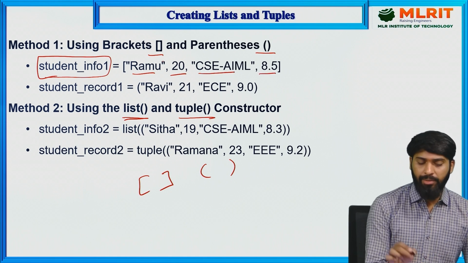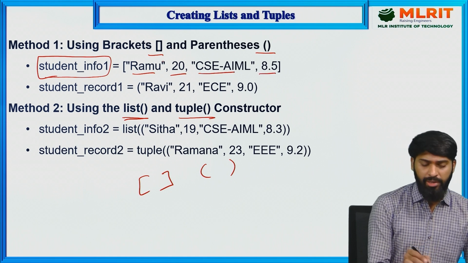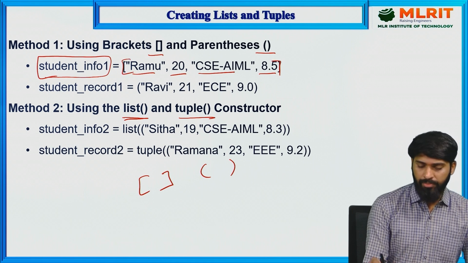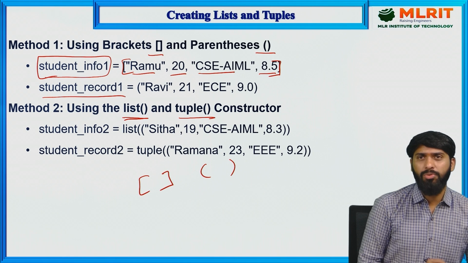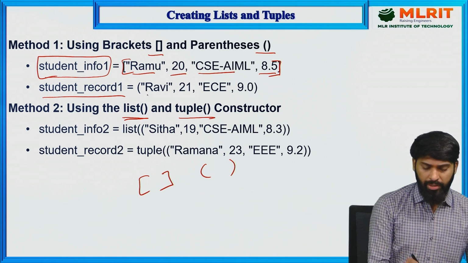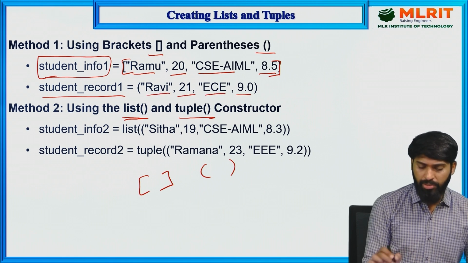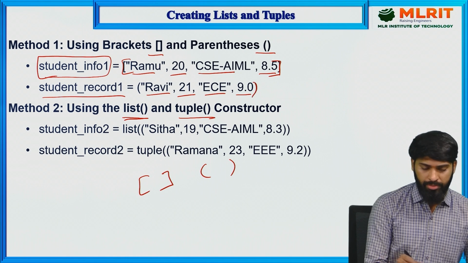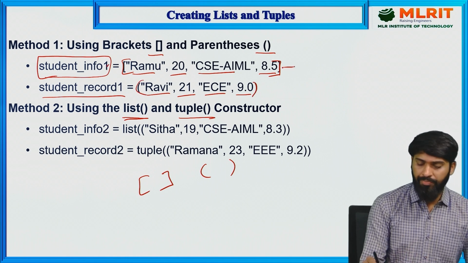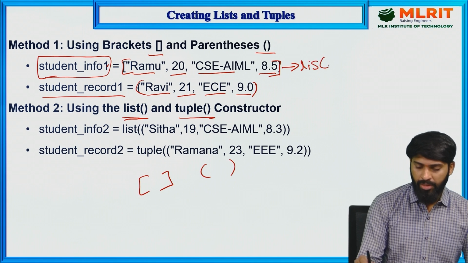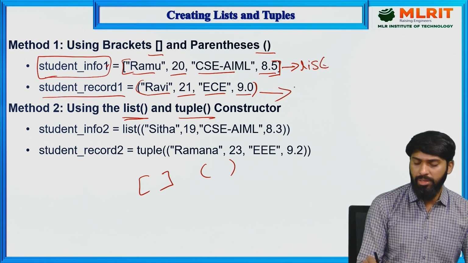These are the items, defined using square brackets. Now I create another variable, student record 1, defining Ravi, 21, ECE, 9.0 with parentheses. The type of student info 1 is list, and student record 1 is tuple.